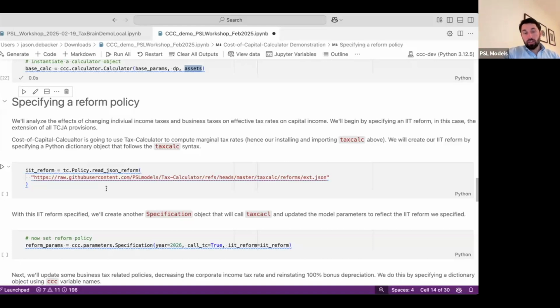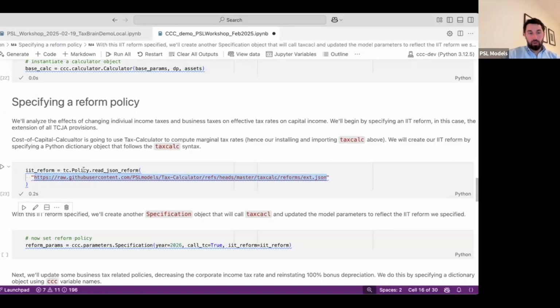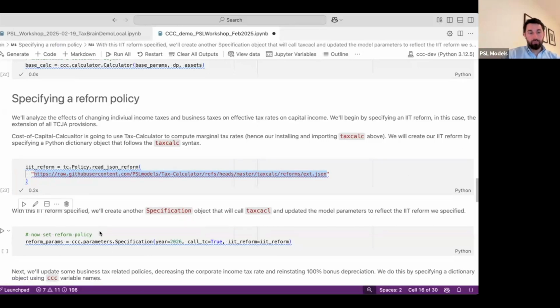We can change all those just as we change them in tax calculator. So everything we went through with that TaxBrain example, and in fact, I'm linking to exactly that same URL now, TCJA permanence. We're going to pass an object of that same format as we did in TaxBrain to cost of capital calculator. So this cell is just reading that URL, putting it in a dictionary called IIT reform.